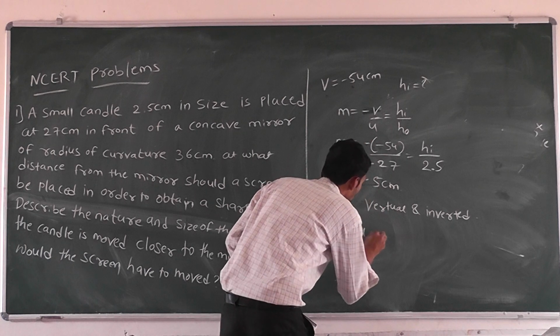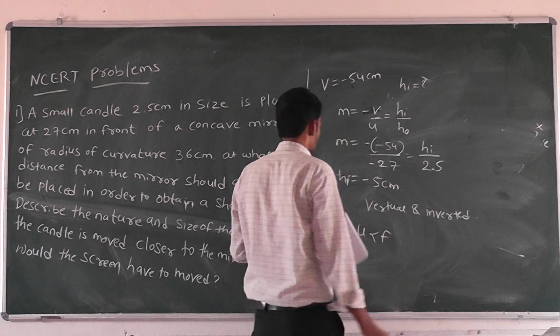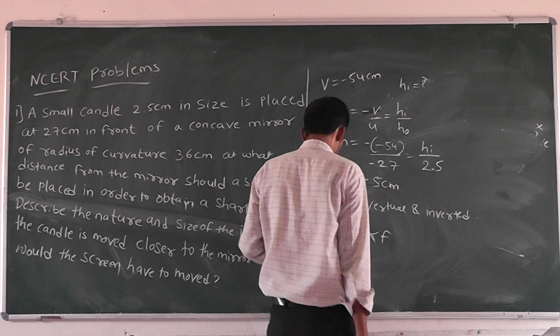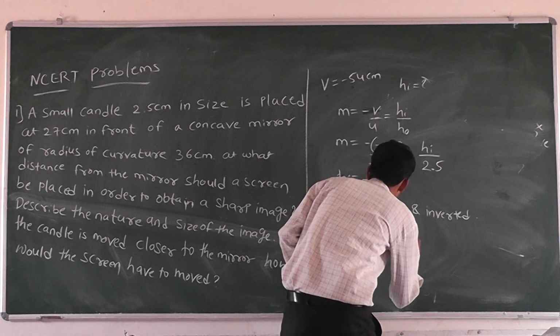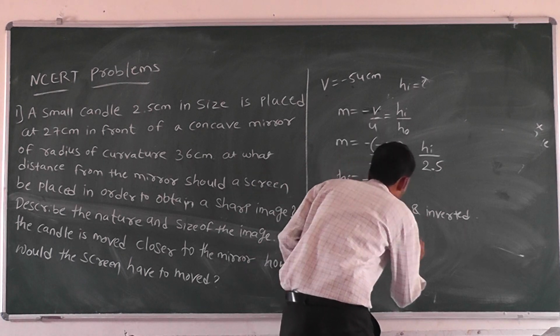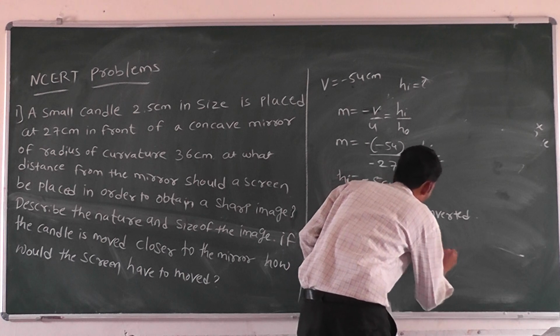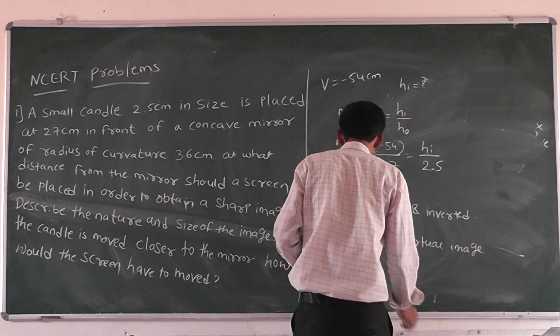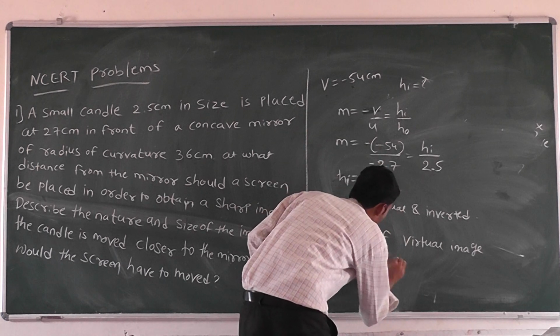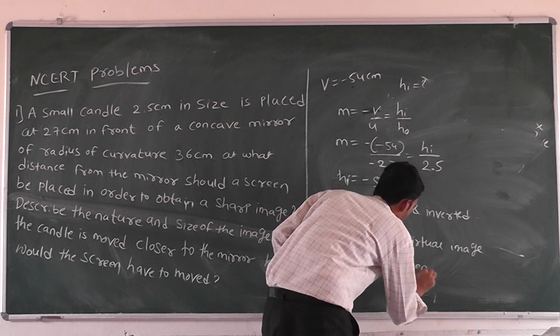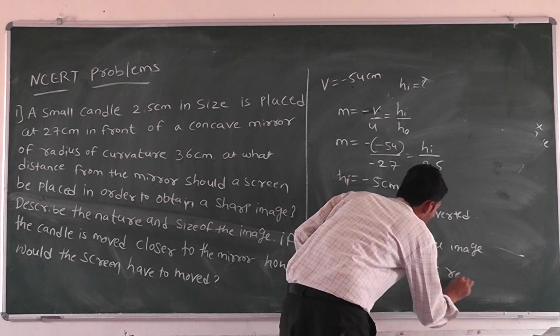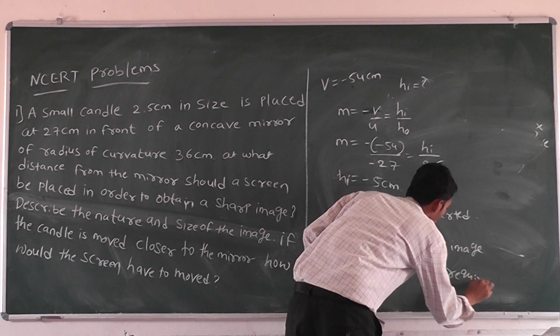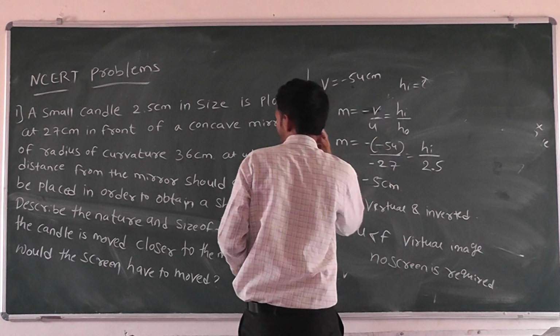When the u value is less than the focal length, we will get a virtual image, so no screen is required.